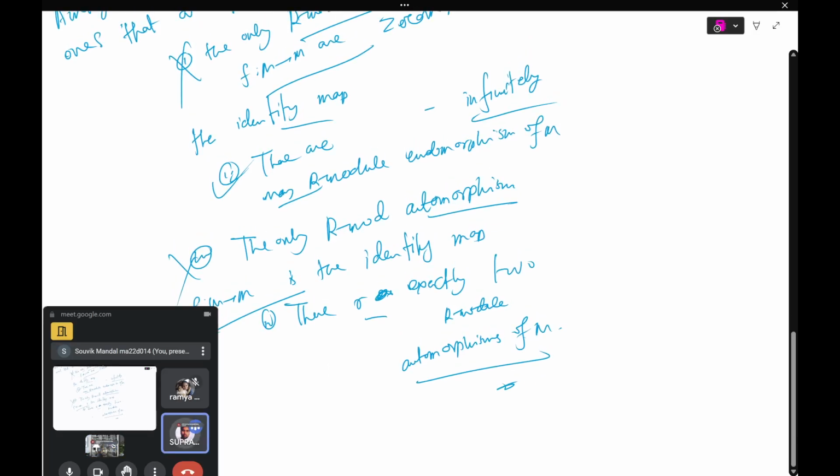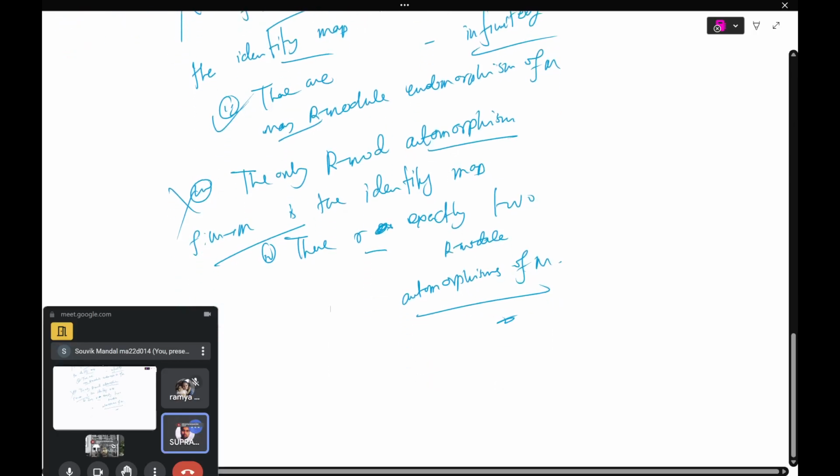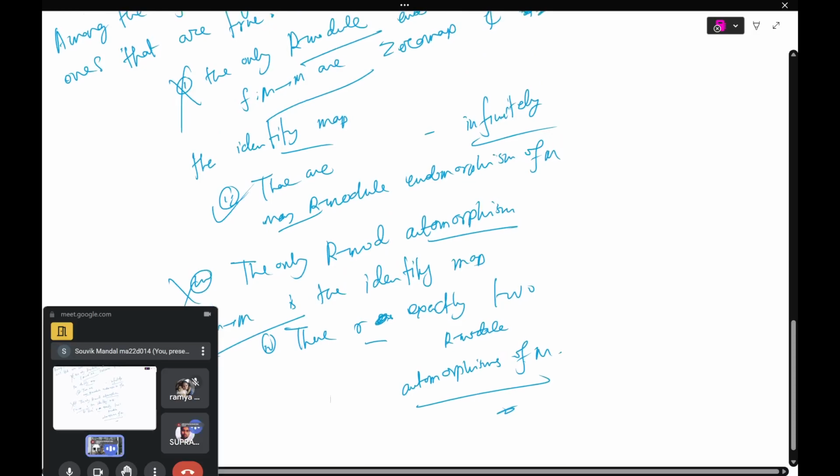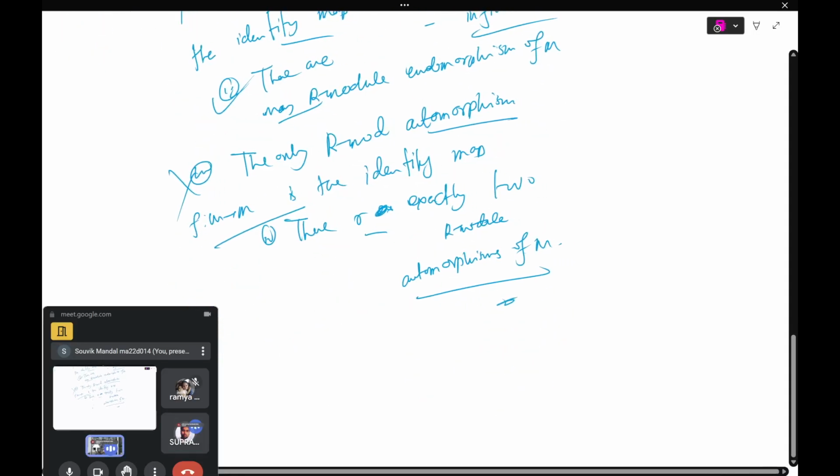Sir, why are there infinitely many R-module homomorphisms from M? Because here M is Z, correct?